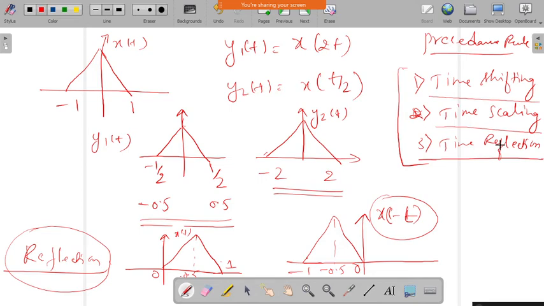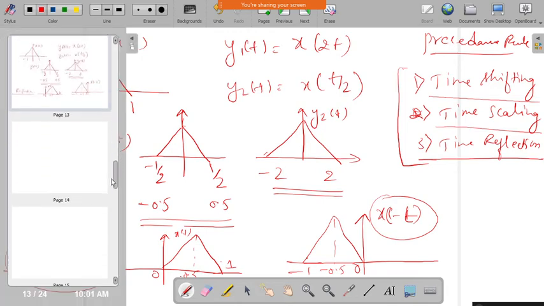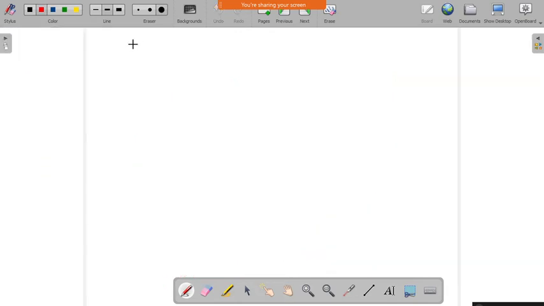Okay, so now we'll take some problems. Based on these basic operations, later we'll see other problems of different kinds. Now take this one, try to do this one.